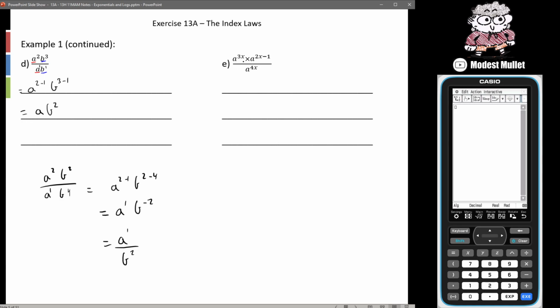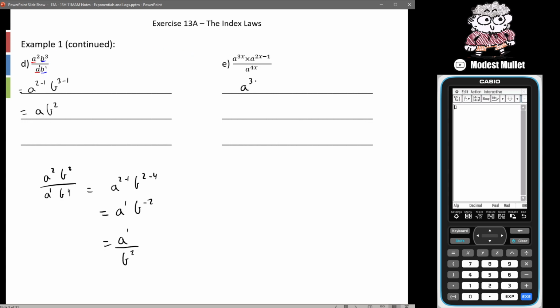Example E, we have A to the 3x times A to the 2x minus 1 on A to the 4x. So this is sort of a combo one. We have a multiplication at the top, and then we have the whole thing divided. So we can work this using BODMAS. We can do the multiplication and divide first, but we've got this top bit, so we can apply index law 1 first.